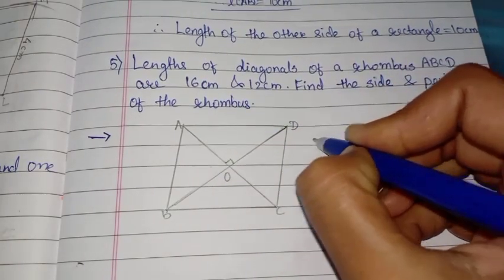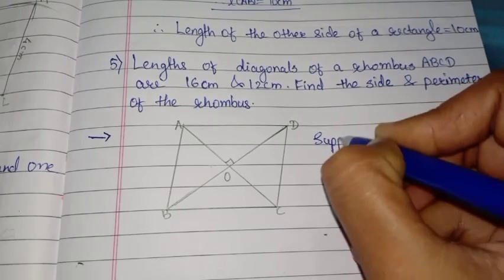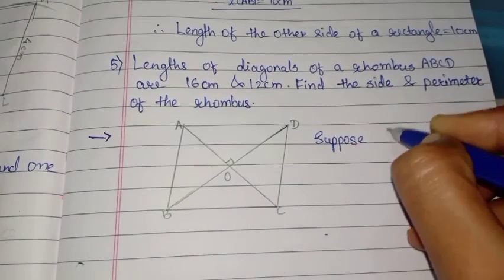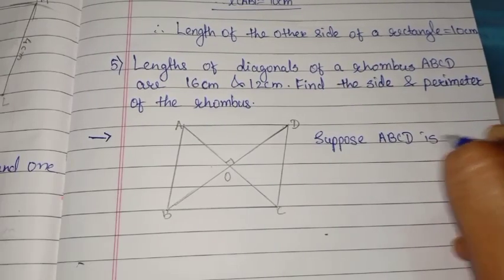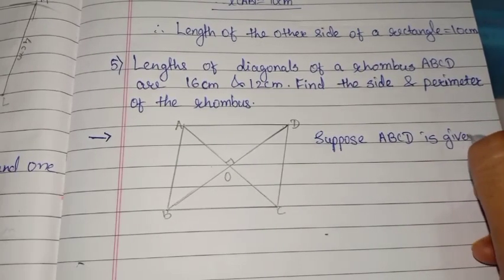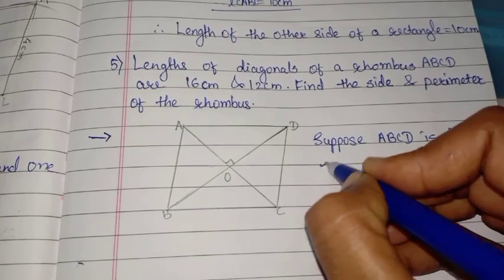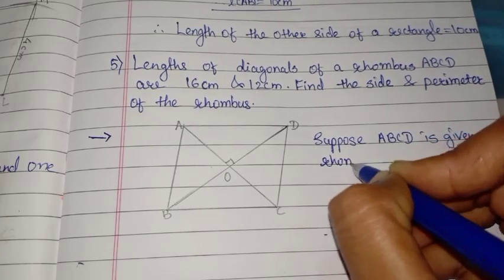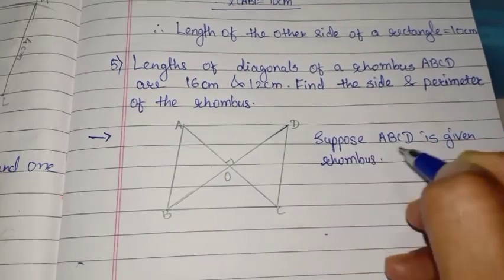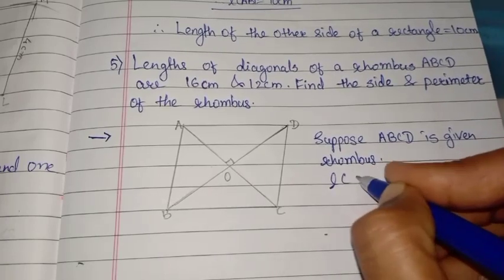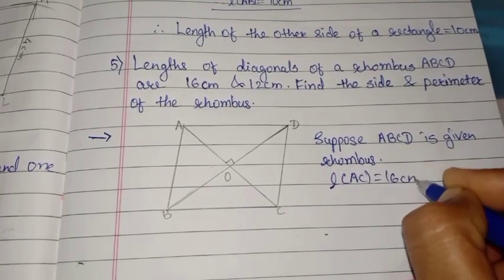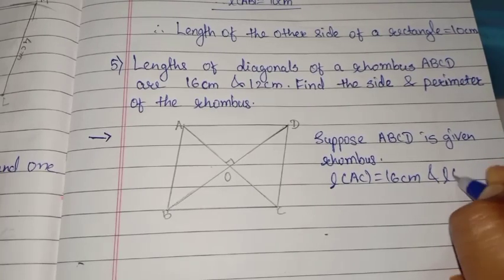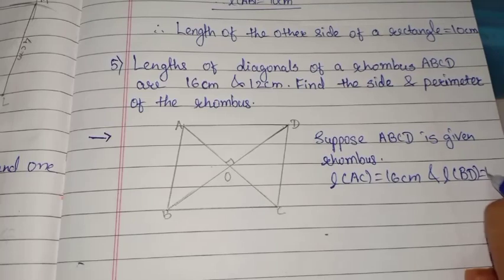We'll write it here. Suppose ABCD is given rhombus. Length AC is equal to 16 centimeters and length BD is equal to 12 centimeters.